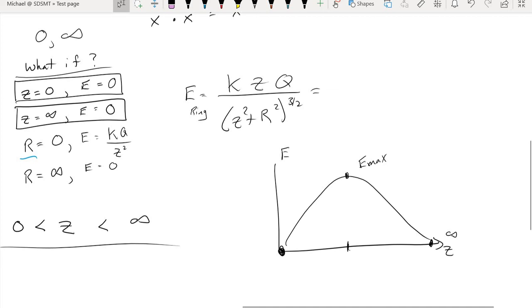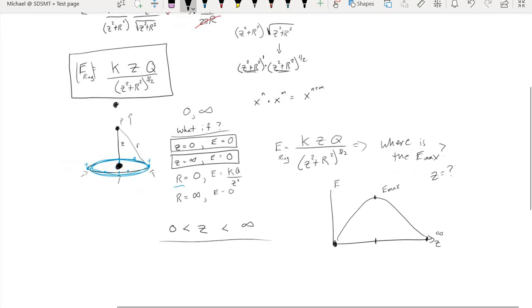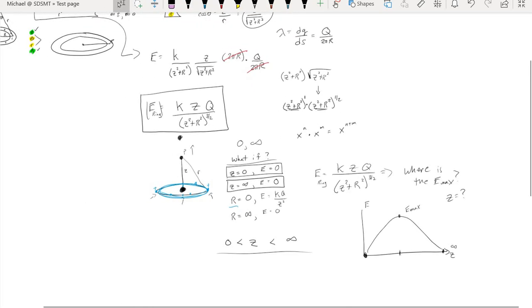And what I want to know is, where is the maximum for the electric field? So at what value of z do we achieve that maximum? So I'll let you go ahead and think about that.